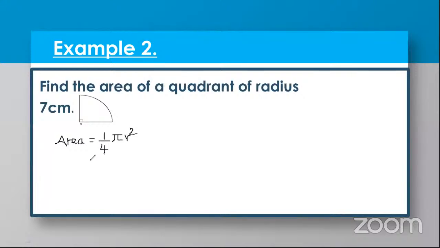Then we shall say area equals a quarter times 22 out of 7 times 7 centimeters times 7 centimeters. I'm writing 7 centimeters two times because it was squared, and the radius which is given is 7 centimeters. So we should write 2 of them and multiply them 2 times. So we go ahead, and we first cancel.